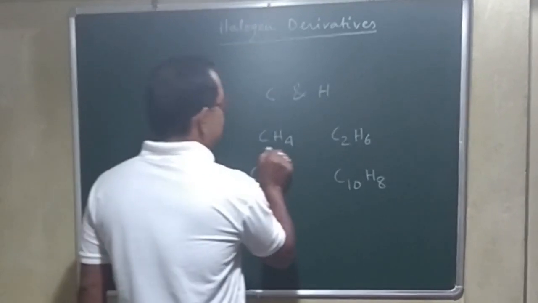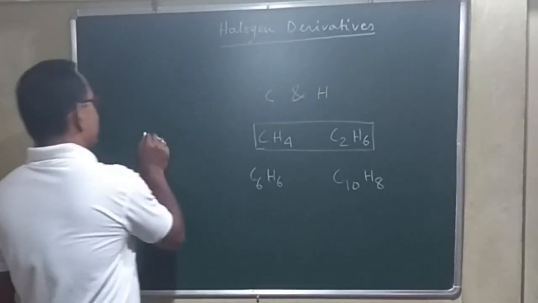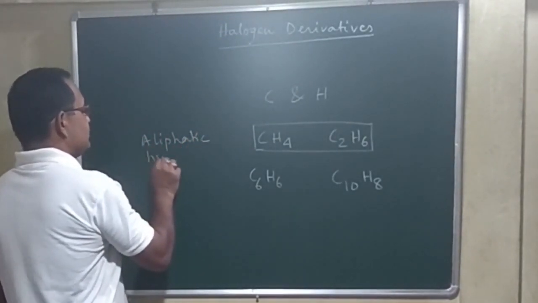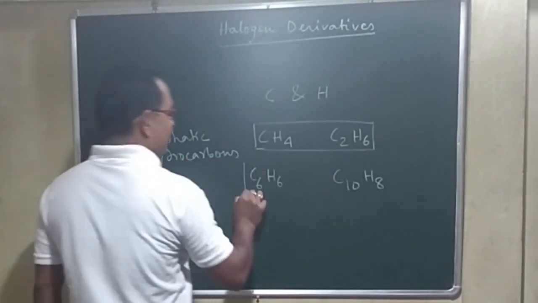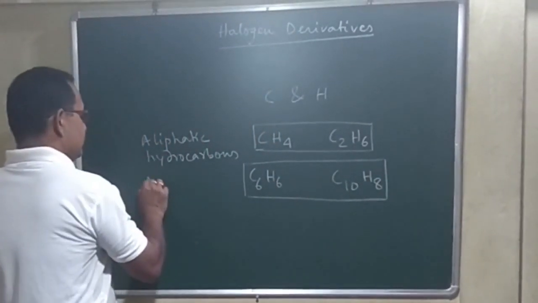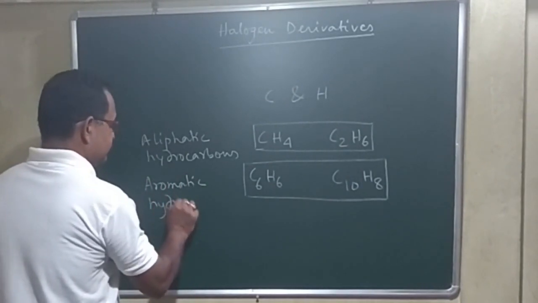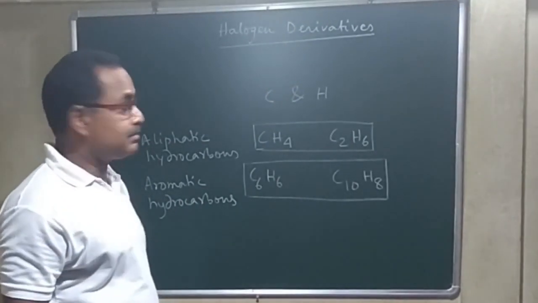Now, hydrocarbons belonging to this category, these are called aliphatic hydrocarbons. And hydrocarbons belonging to this category, these are called aromatic hydrocarbons.